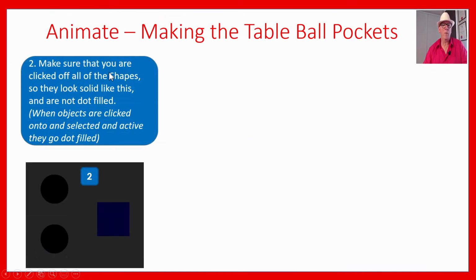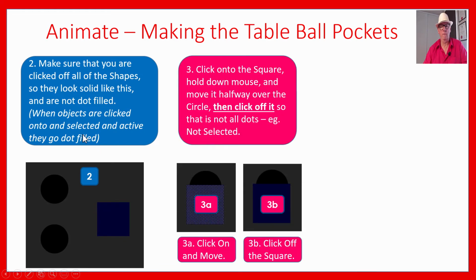All right, so make sure you clicked off all of the shapes, because when you click onto them, they go dotted, filled like this. We're going to take that blue square, and we'll show you this in the live demo. You click on it so it's all dotted and move it halfway over this circle like this. Then you have to click off it so that it's not selected anymore.